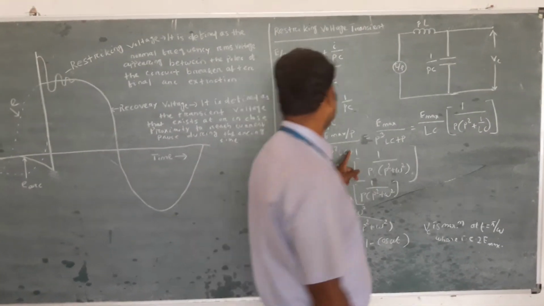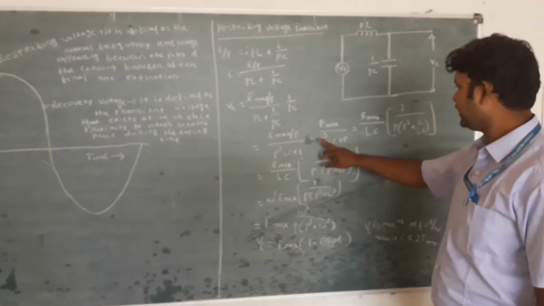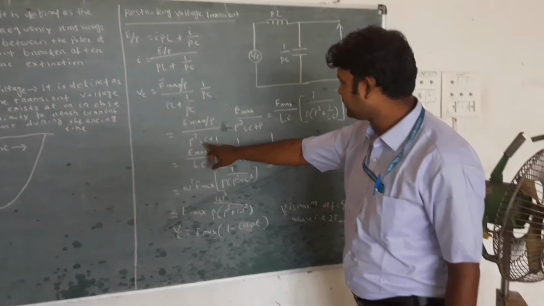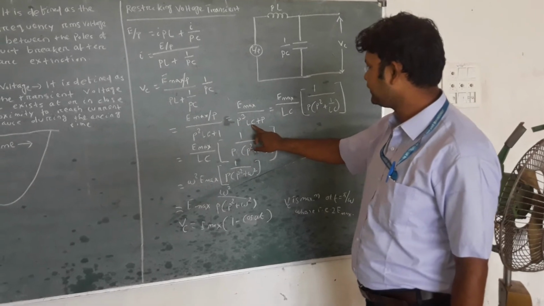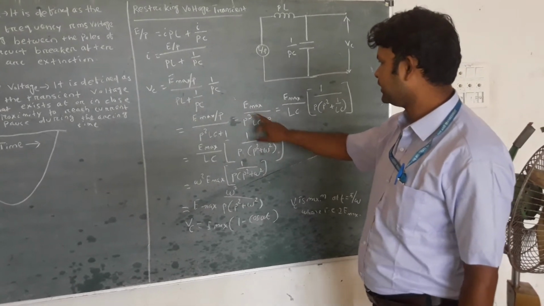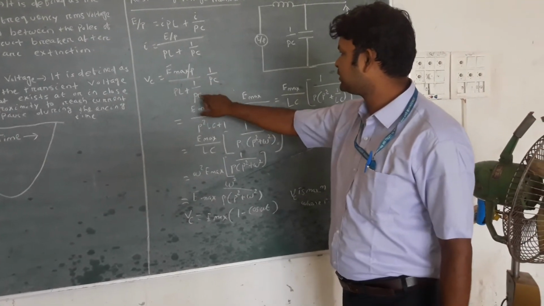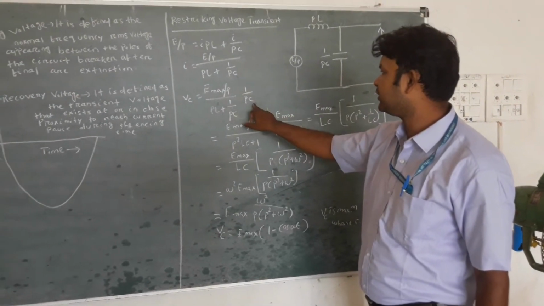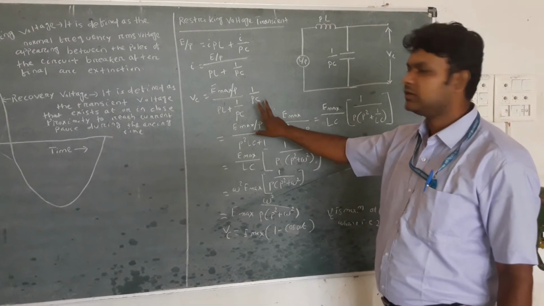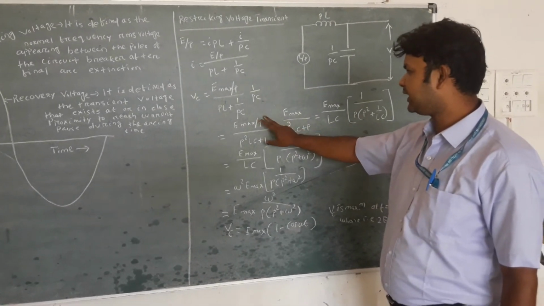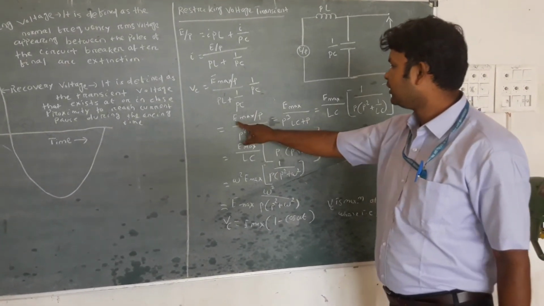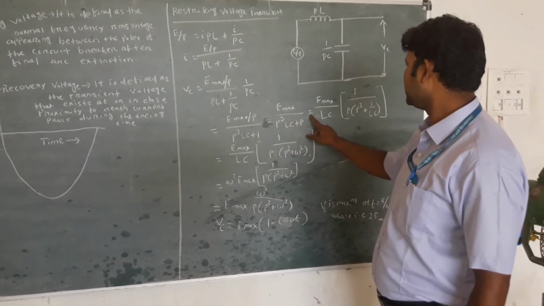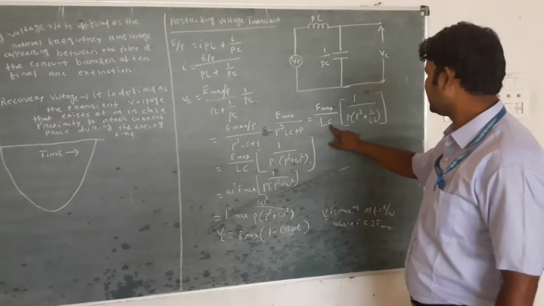Then it becomes Emax divided by, if you multiply by P, P cubed LC plus P. PC cancels out: if you take the LCM, PC goes to the numerator, and the PC in numerator and denominator cancel out. That is the mathematical arrangement you all know. Now we can write Emax divided by (P cubed LC plus P).